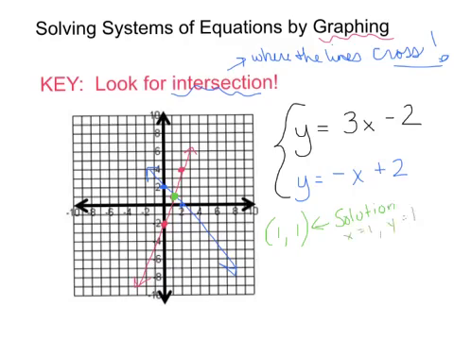And I can check my solution by plugging them both into both equations. So I can start with y is equal to 3x minus 2. In this case, does 1 equal 3 times 1 minus 2? So this is going to be my y, this is going to be my x. So does 1 equal 3 minus 2? Yeah, 1 equals 1. So this checks.